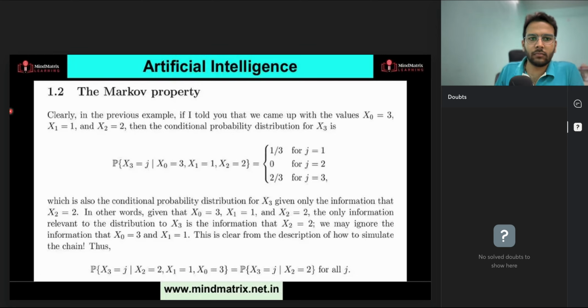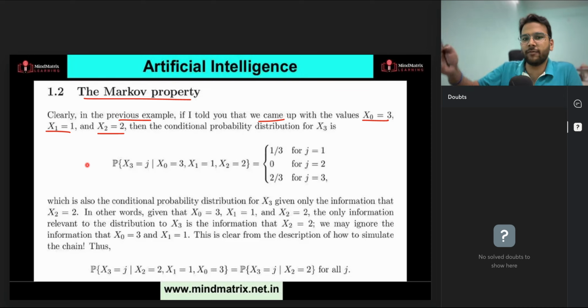So we can say clearly, in the previous example, the Markov property. Now carefully see the application of Markov property. Let's say we came up with x0 is equal to 3, x1 is equal to 1, x2 is equal to 2. This is the sequence that we followed, right? We started from state 3, then we went to state 1, and then we went to state 2.